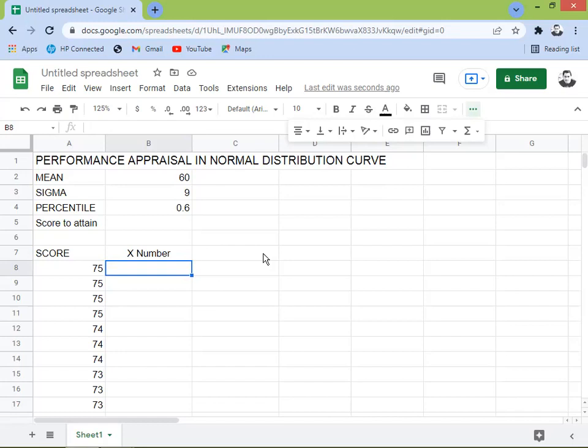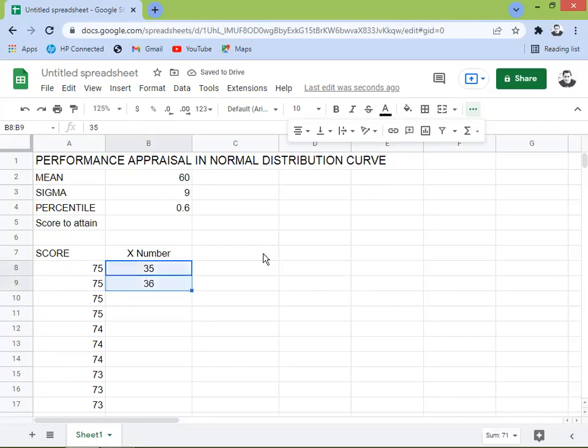This is the score, supposedly the score of the performance appraisals conducted by perhaps the manager of the department or the company, right? So I'm gonna put less than 45, maybe 35. Okay, and the next one 36.